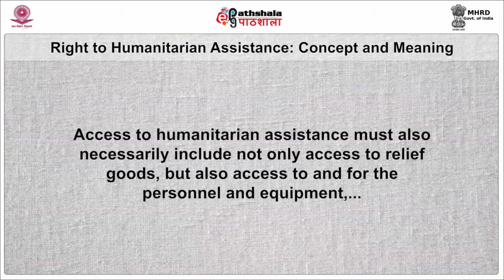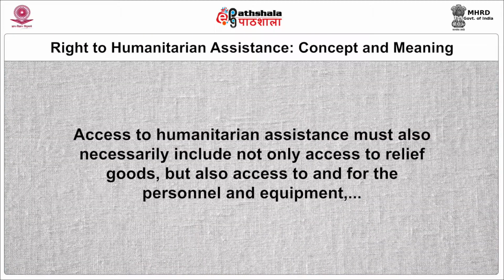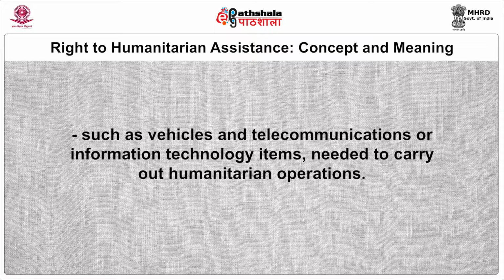It will also apply to essential services such as emergency medical care. Access to humanitarian assistance must also necessarily include not only access to relief goods, but also access to and for the personnel and equipment, such as vehicles and telecommunications or information technology items, needed to carry out humanitarian operations.